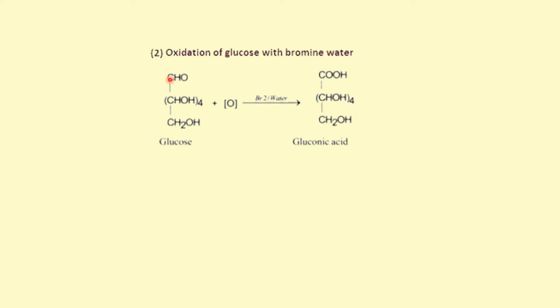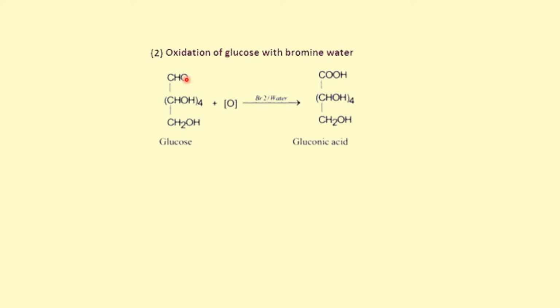Now, glucose on oxidation with bromine water gives gluconic acid, and gluconic acid contains the same number of carbon atoms as glucose. In glucose there are 6 carbon atoms, and in gluconic acid also there are 6 carbon atoms. That means the carbonyl group present in glucose is an aldehyde group, because aldehydes on oxidation produce acid with the same number of carbon atoms.